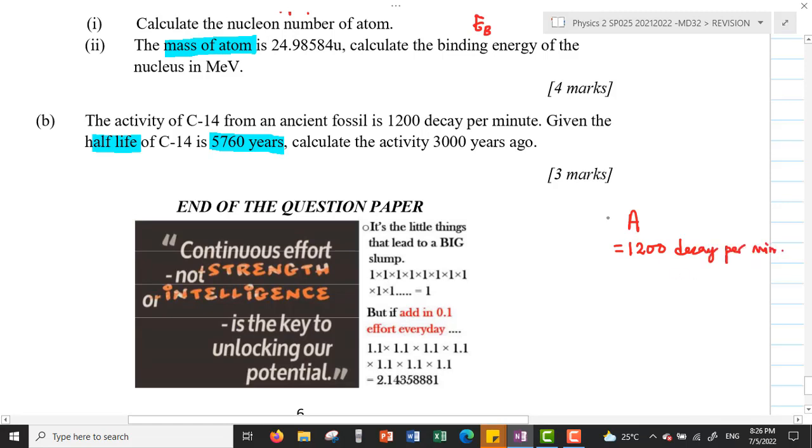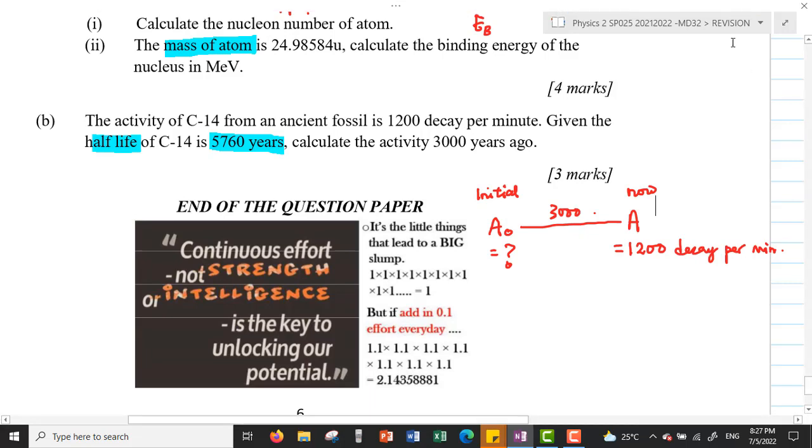Dan kita perlu cari activities 3000 years ago. 3000 years ago means 3000 tahun sebelum tu. Sebelum tu it means the initial activities lah. So kita nak cari initial activities, di mana sekarang now is 1200 decays per minute.